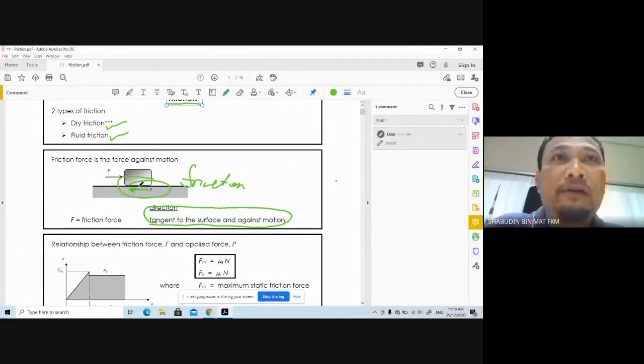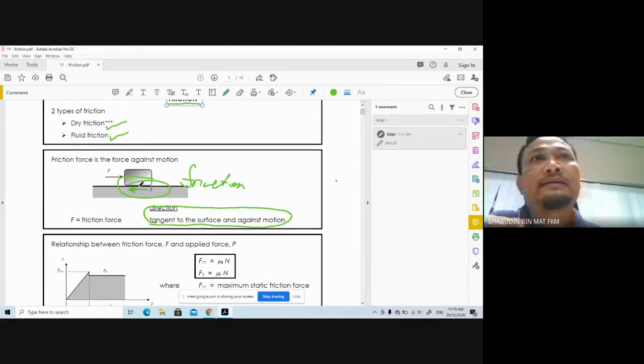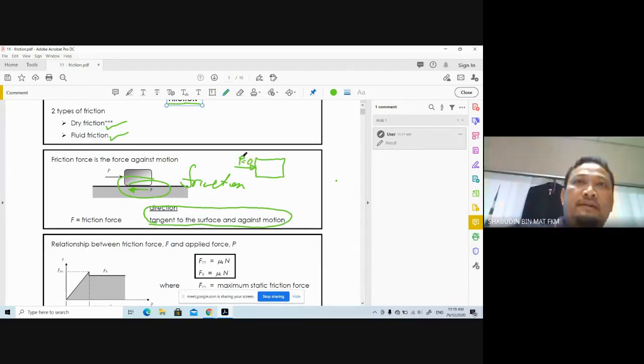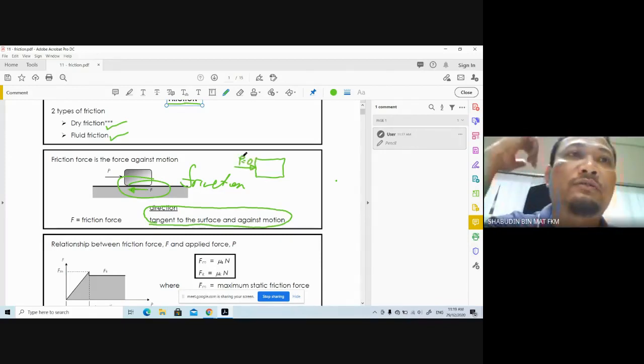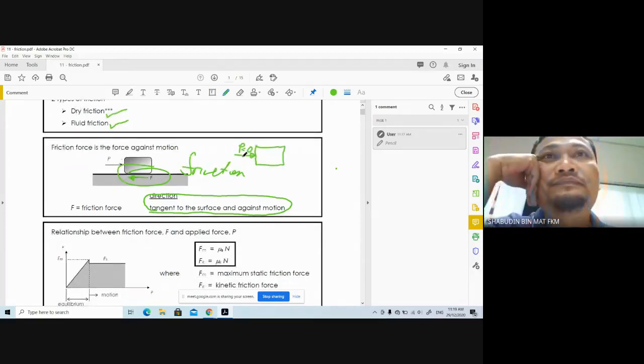If you plot, say you have an object like that, and you put force P equal to 0, it means no force is applied on it. Friction force is also 0.